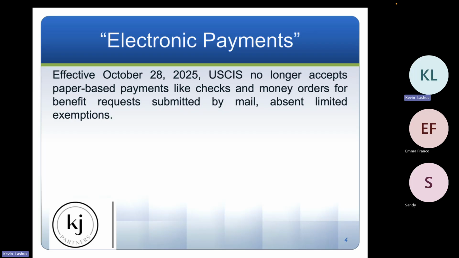For example, if you're filing an H-2A application, not only are you required to pay the fee associated with the application itself, but you're also required to pay an asylum fee. If you instead are applying for an H-2B, those filing fees include the asylum fee and the application fee, but also a fraud security fee.